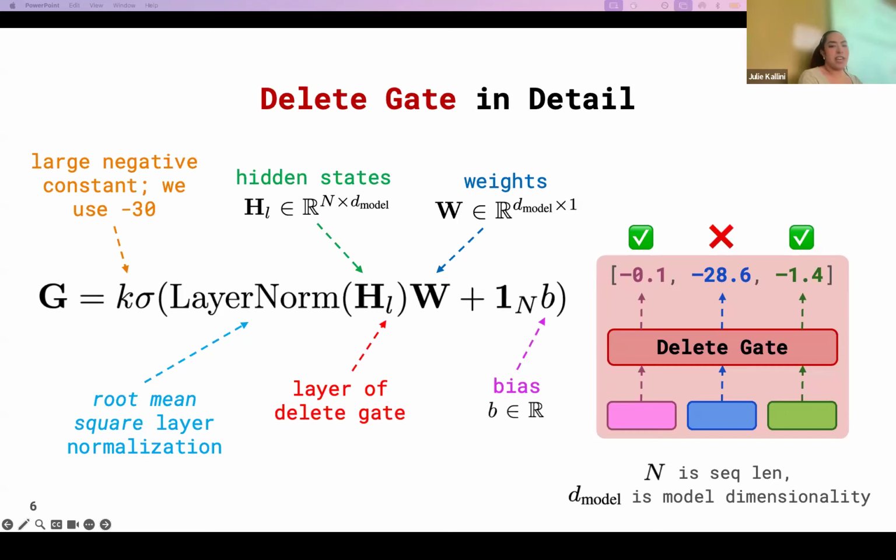The reason we do this rescaling is that this shapes the sigmoid to now be between 0 and k, which is this negative constant. And this is how we achieve the deletion functionality because it acts as a soft attention mask by having this large negative value that weights down the softmax.